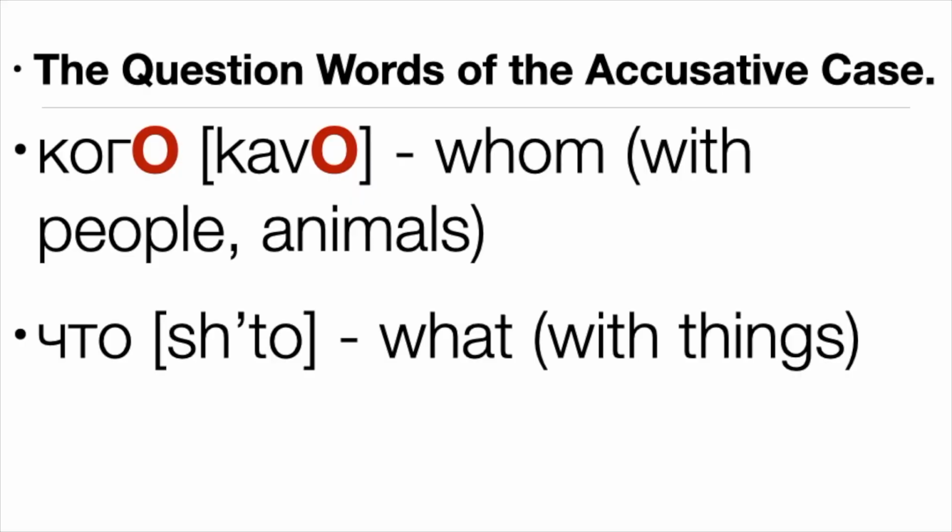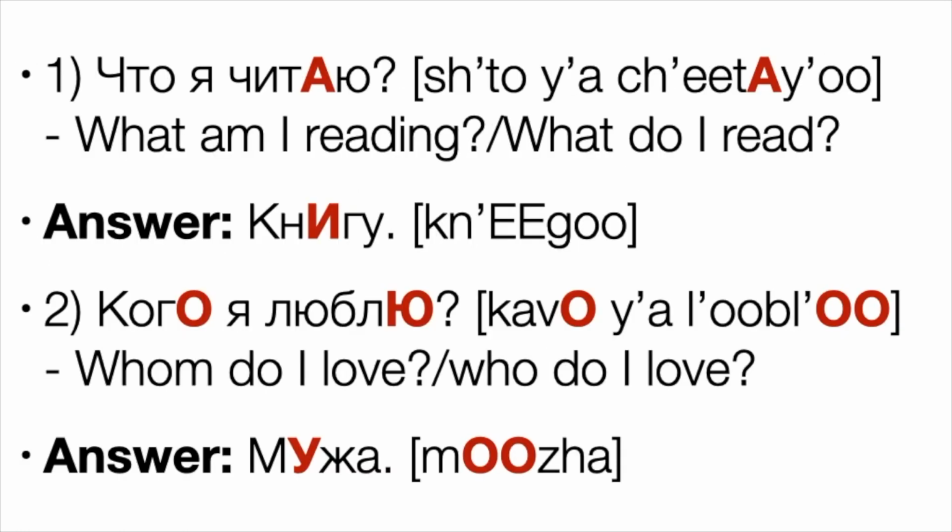The accusative case has questions кого, whom, with animate objects, and что, what, with inanimate objects. For example, number 1. Что я читаю? What am I reading or what do I read? Answer: книгу. Number 2. Кого я люблю? Whom do I love or who do I love? Answer: мужа.